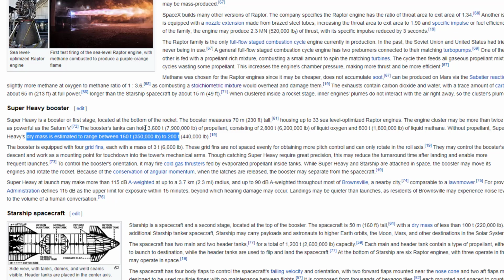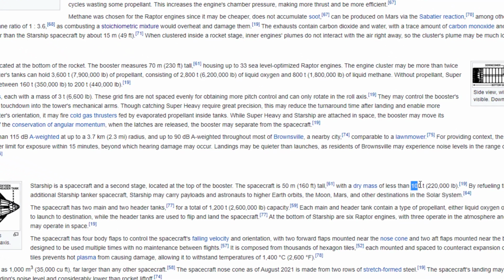And for stage 2, the actual Starship, here it says dry mass maybe 100 tons or less, and main and 2 header tanks that provide 1,200 tons of capacity for propellant. So putting that together, let's say about 1,300 tons for stage 2, the actual Starship, dry mass and propellant together.